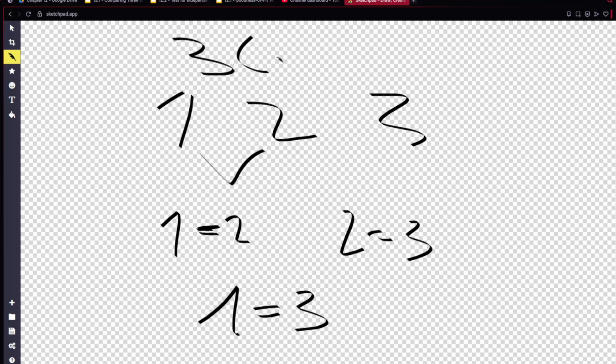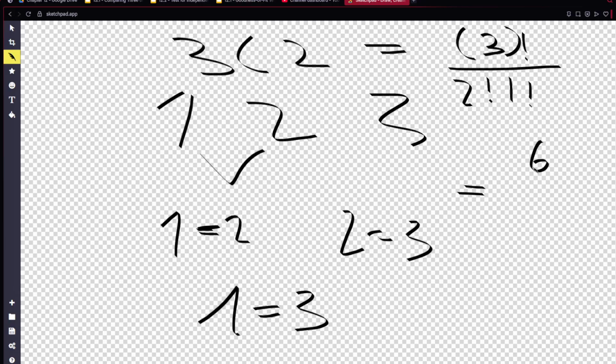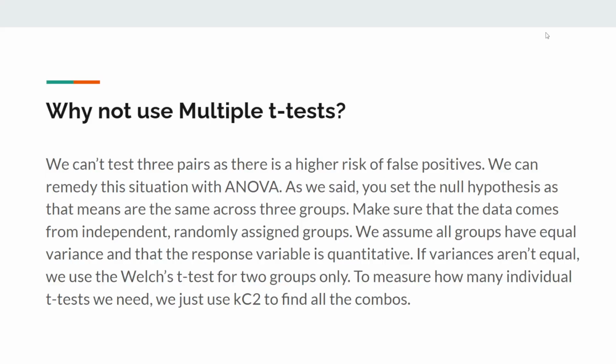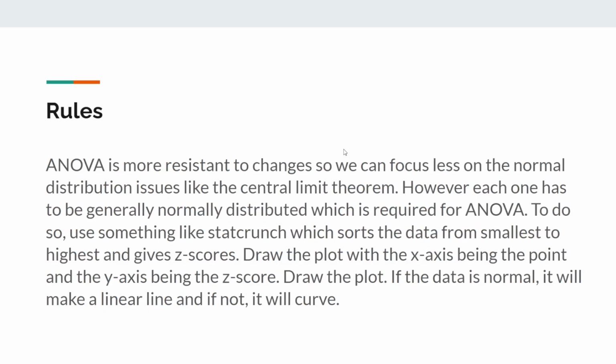So using 3C2, the formula would be, let's use some simple combinatorics here, 3 factorial over, wait, no, 2 factorial times 1 factorial, which is just going to be 6 divided by 2, which is 3. So that's the formula here. Not sure why they put that, because we're not going to be doing those individual t-tests. You could do that if you want, though. It's just ANOVA is easier.